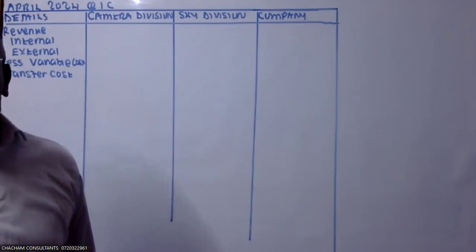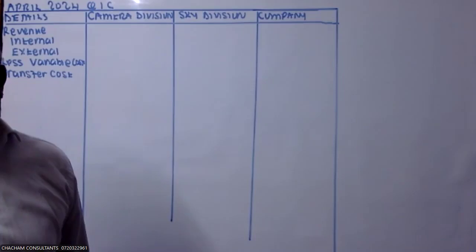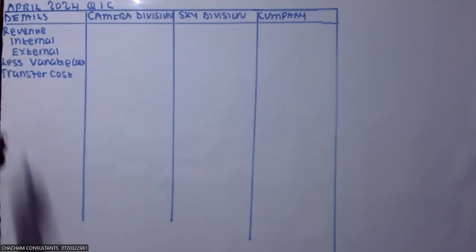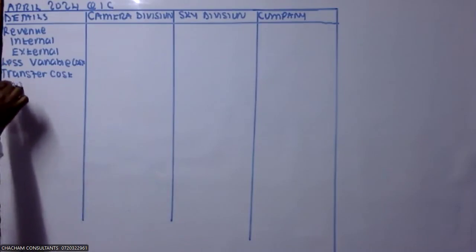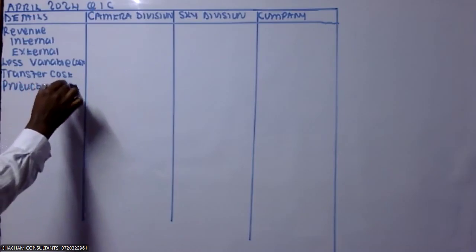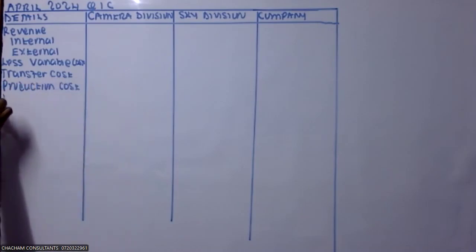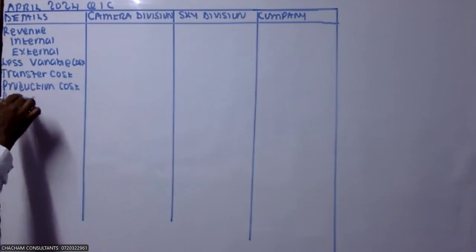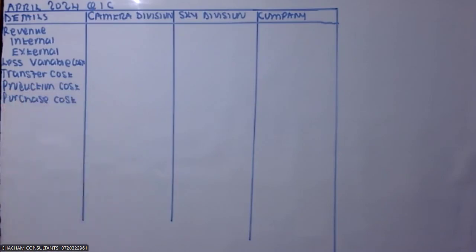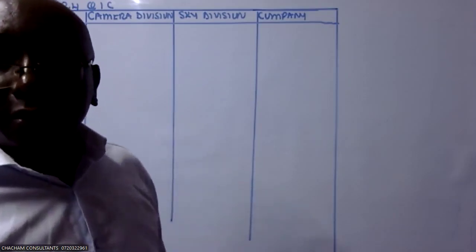Then we have the production costs. And then we have purchase costs.